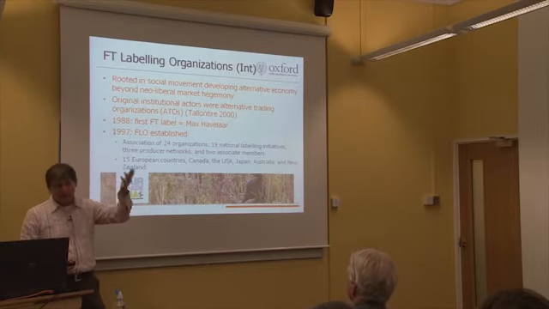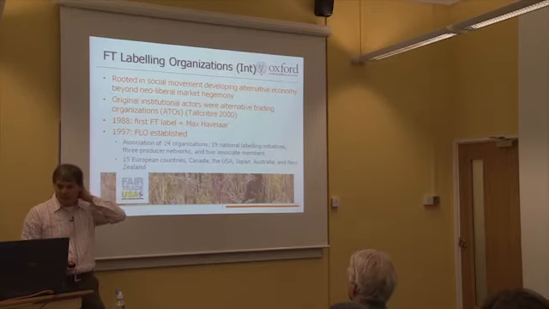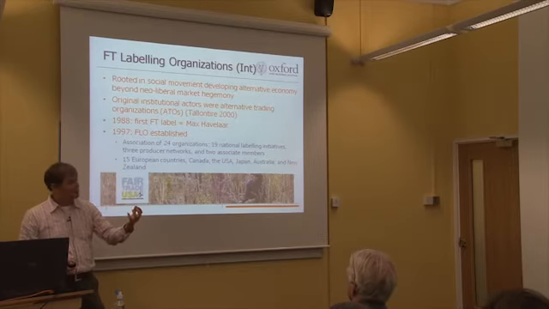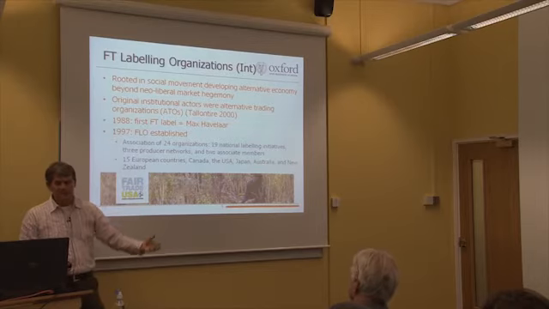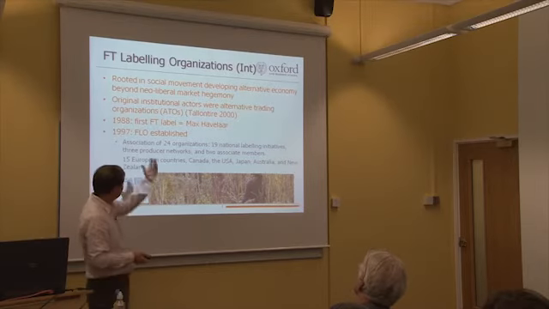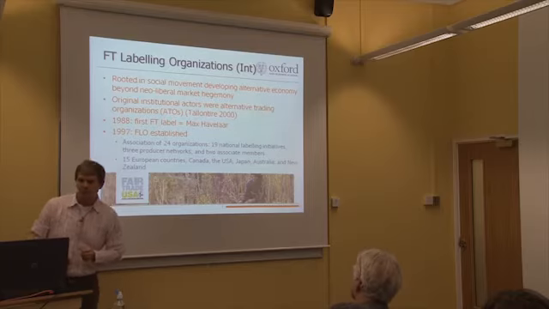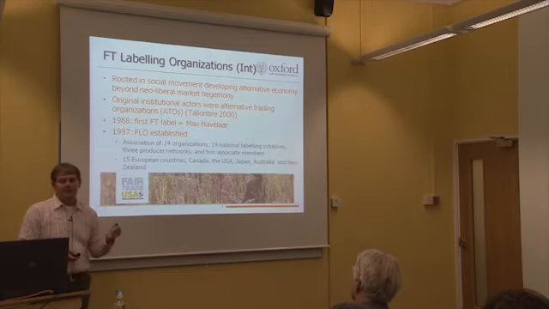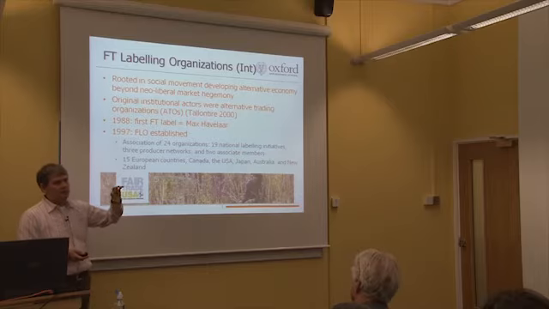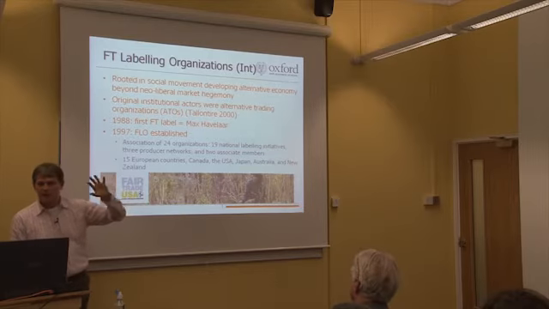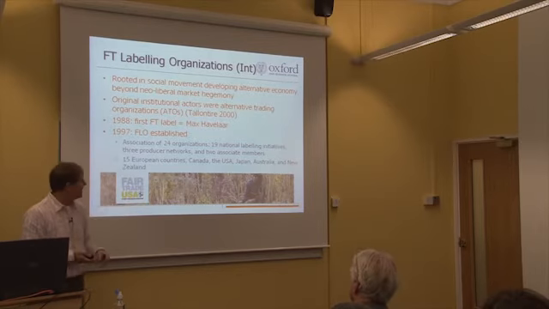Well, FLO, the Fair Trade Labeling Organizations International, is the umbrella organization within which the UK labelling initiative sits, and has its roots in social movements looking at developing alternative trade models. The first label initiative was in Holland, Max Havelaar, in 1988.